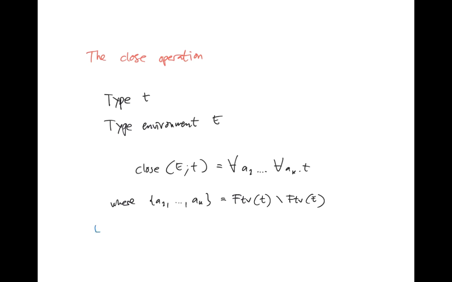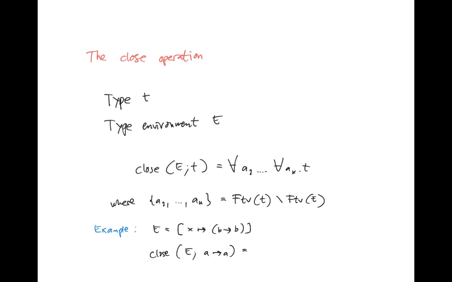So an example of that is that if our type environment says that X has the type B to B, then if we close A to A with respect to E, what do we get?